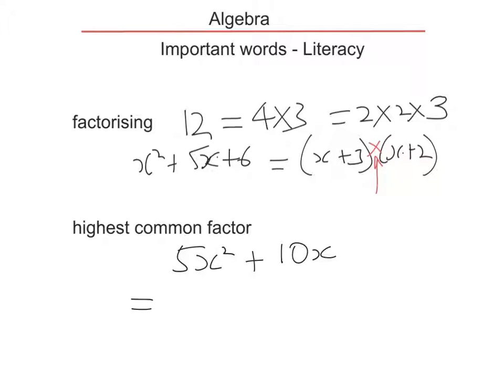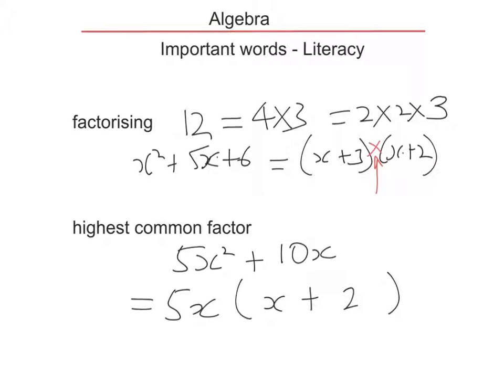So looking at the numbers 5 and 10, 5 goes into both of those. So I'm going to put 5 here. And if I look at the x's, there's an x in each term. So if I take an x out and put it out the front, then for the first term I'll need an x just to make it work, and a 2 for the second term.